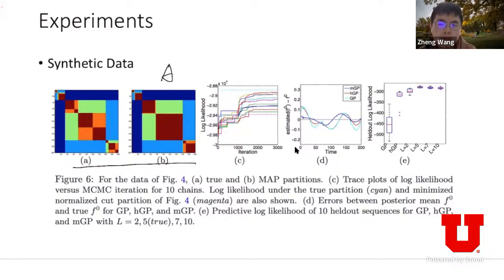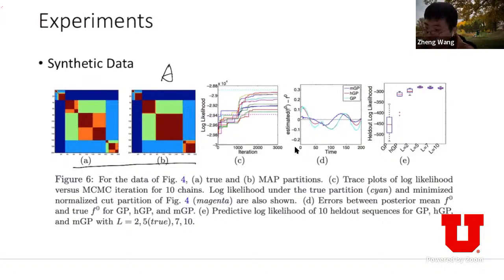And D gives, HGP just stands for the hierarchical GP, the errors between the posterior mean of F0 and the true F0 for different methods, and the multi-resolution Gaussian processes give the best results.